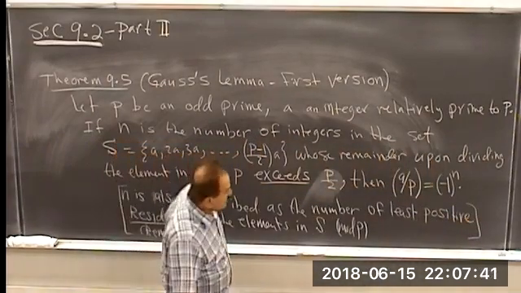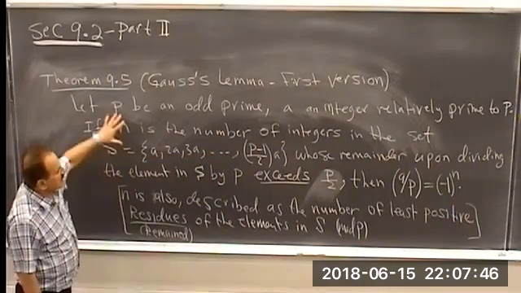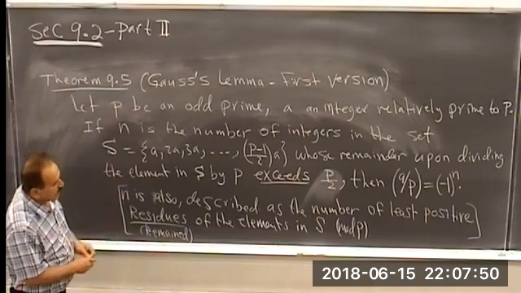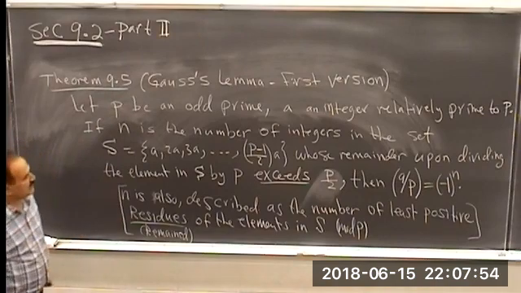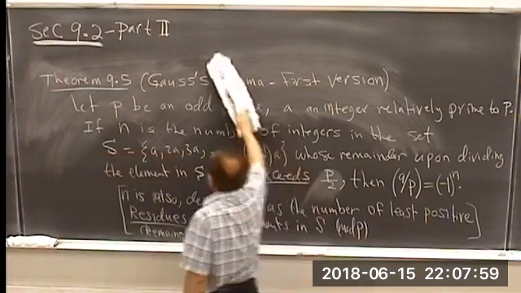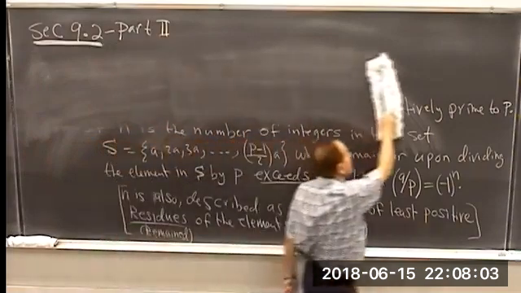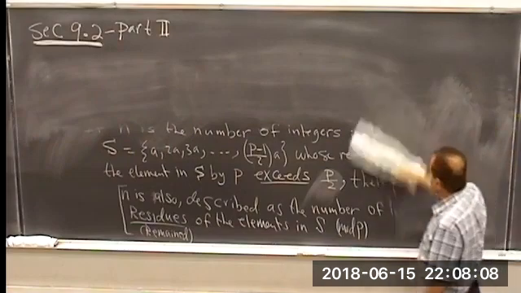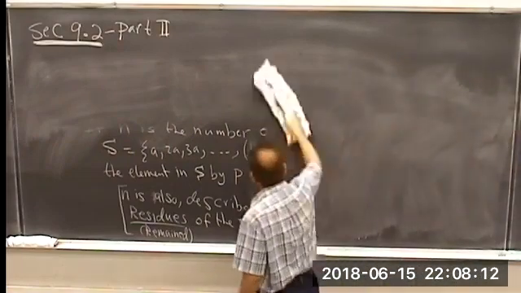All right, as usual, I'm going to present an example to illustrate the method of the proof of this theorem, to make it more transparent and help you in understanding the actual proof in general. So we're going to take a prime, I think I'm going to take 11, and an integer, I believe it's going to be 7.